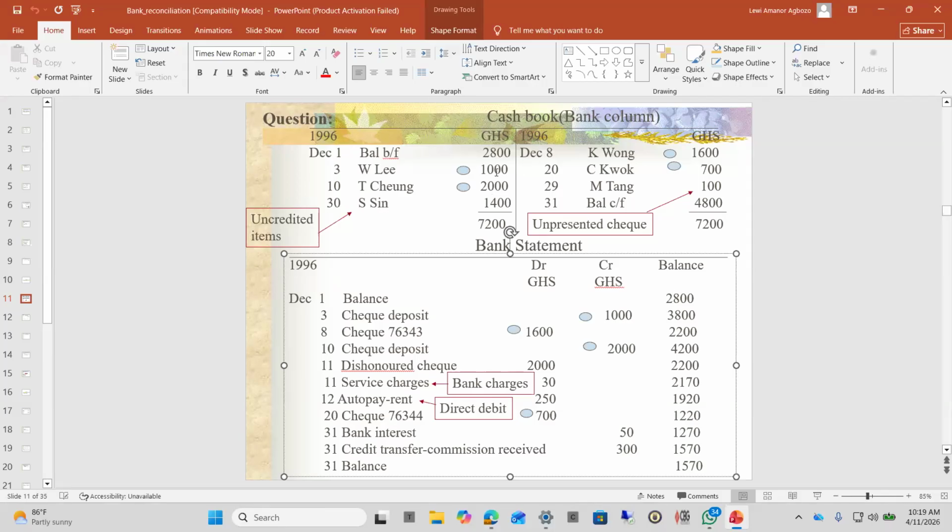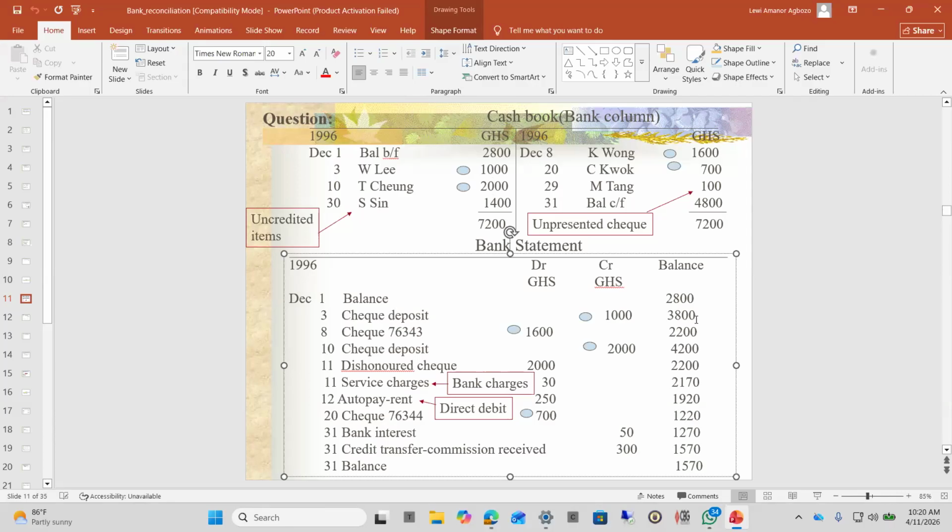So when we receive, we debit our cash book. In the bank, it will be credited. So you come to the 3rd, you see a check deposit, 1,000. It means that the money we received from this man, W. Lee, has been sent to the bank and the bank has credited our account. Is that okay?